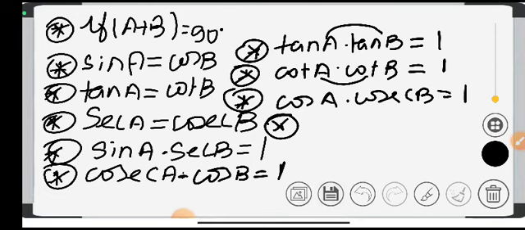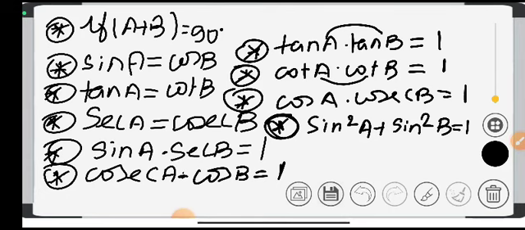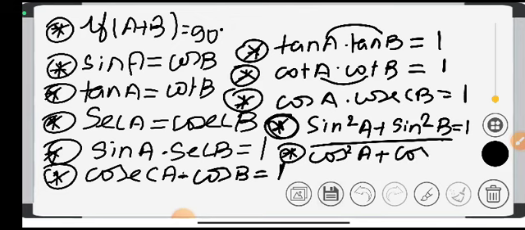Okay, so these are all the resultants, and one more additional resultant will be here, that is sin square A plus sin square B is equal to 1. This one is also a resultant, and another one is cos square A plus cos square B is equal to 1.